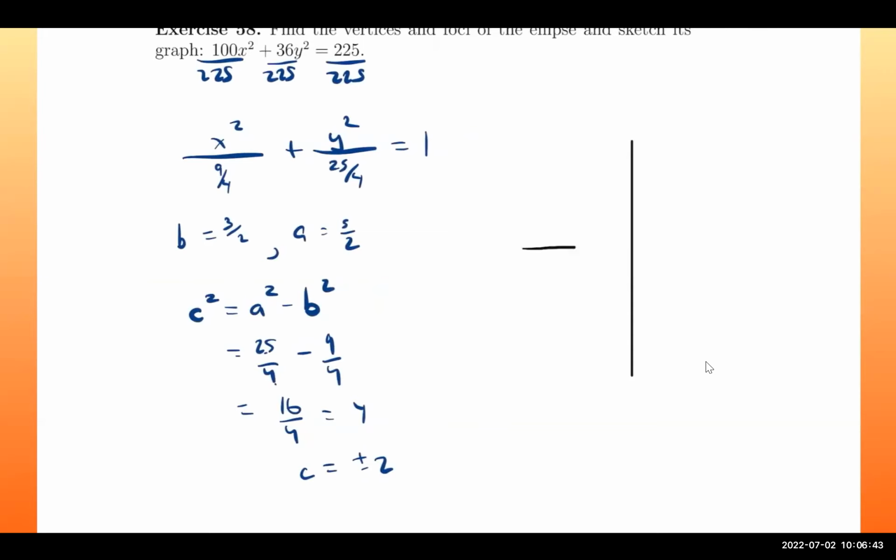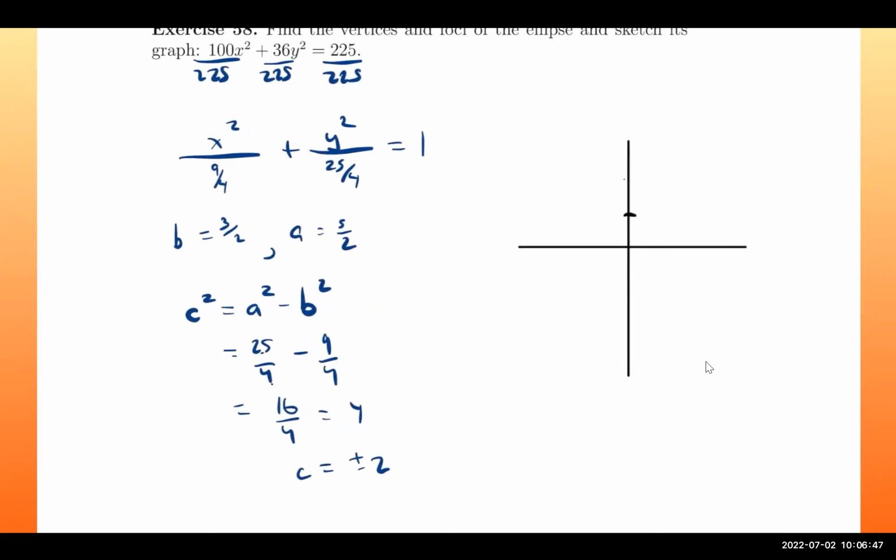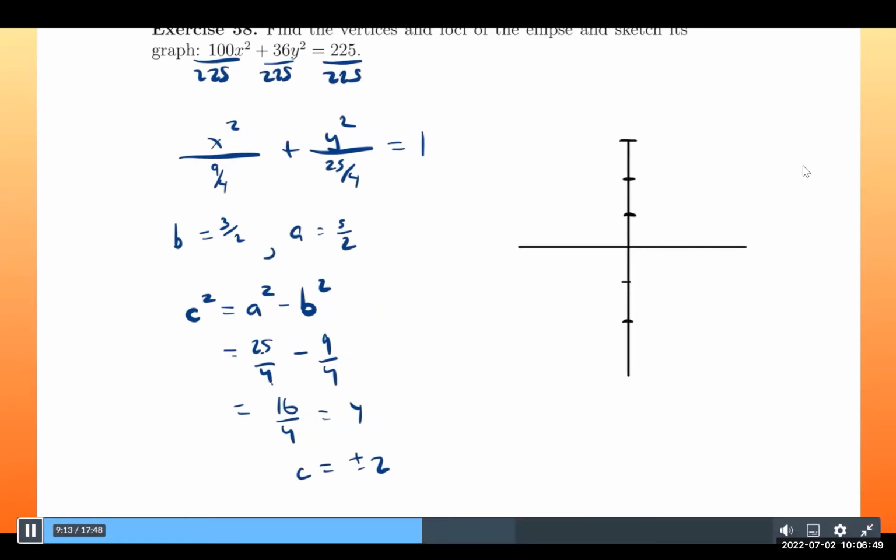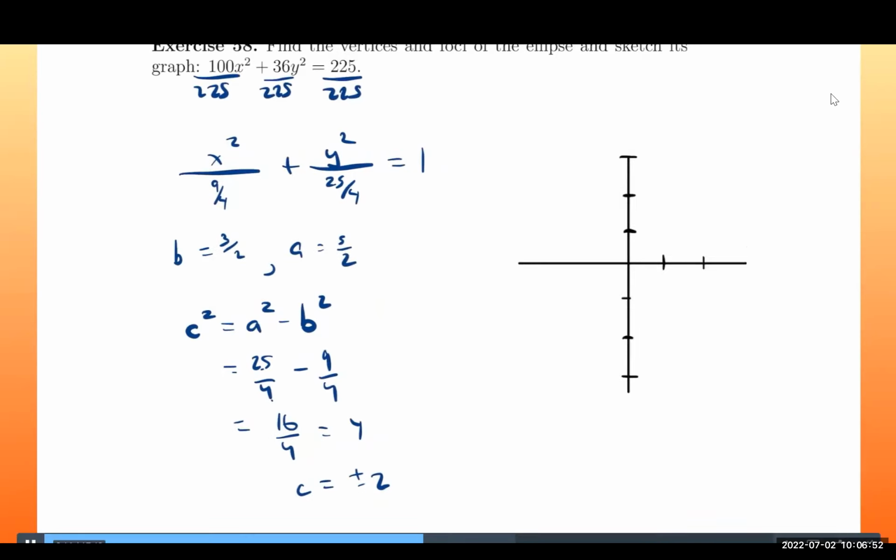So now we can begin to sketch. This is going to be centered at the origin.